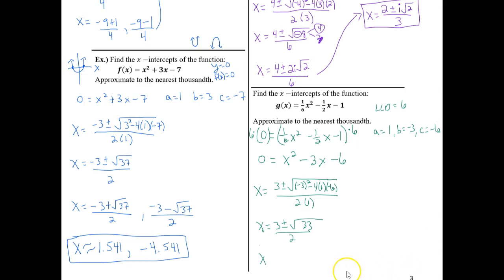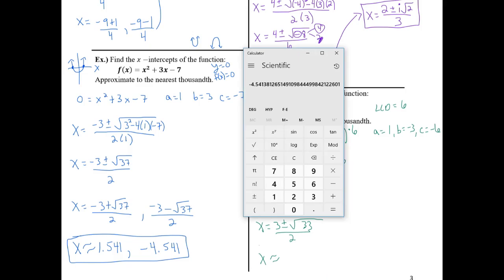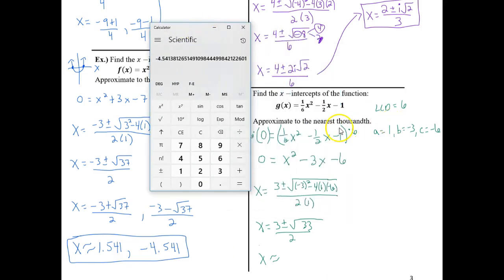So I have to make sure I plug them into my calculator properly, because it says to round to the nearest thousandth. I'm going to start with my radical. So 33, take the square root. Then this is the positive, so I'm going to add 3 to that, because there's a positive 3 here.